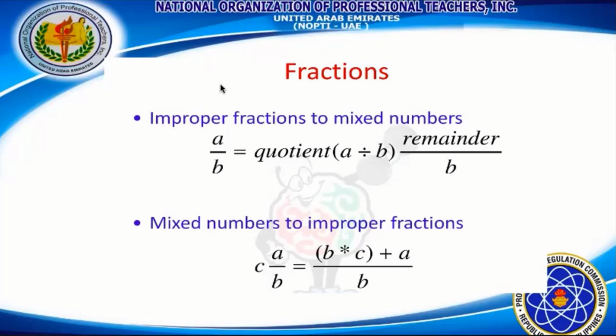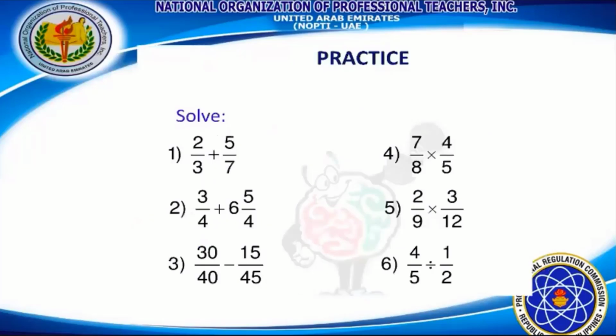So, pag ganun, i-convert mo siya into mixed number. So, 10 divided by 7, so magiging 1 and 3/7. Mixed number to improper fractions, baliktarin mo lang. Okay? Multiply B and C plus A over B. Okay? Recall lang tayo.